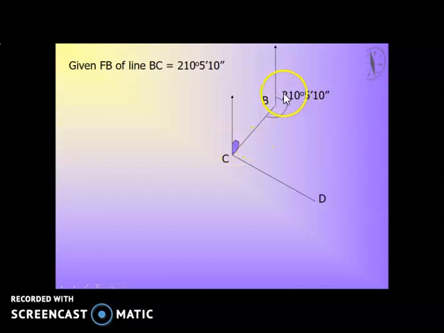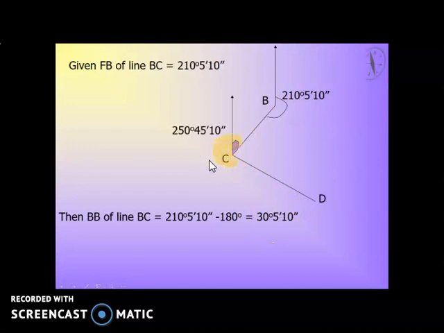That will be equal to 210 degrees, 5 minutes and 10 seconds, subtract away 180 degrees. So you can get this value, which will be 30 degrees, 5 minutes and 10 seconds. And then you have measured this angle. This angle is measured to be 250 degrees, 45 minutes and 10 seconds.